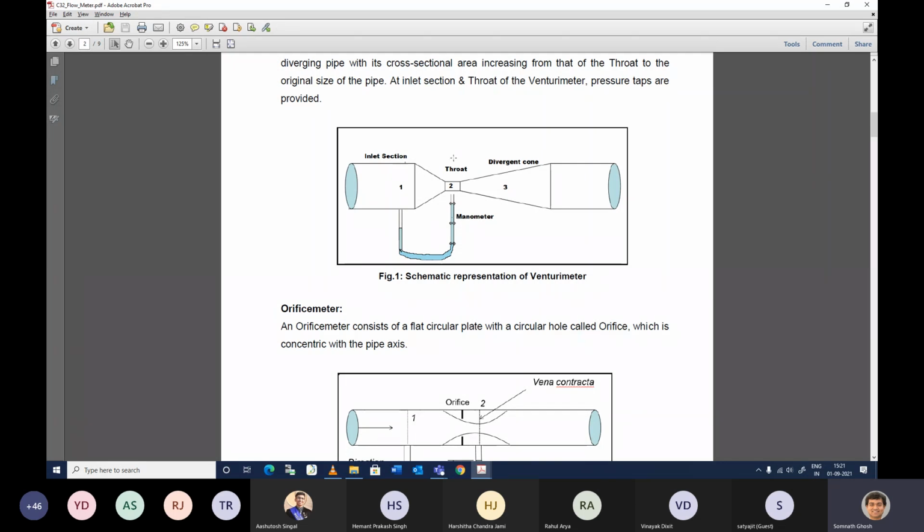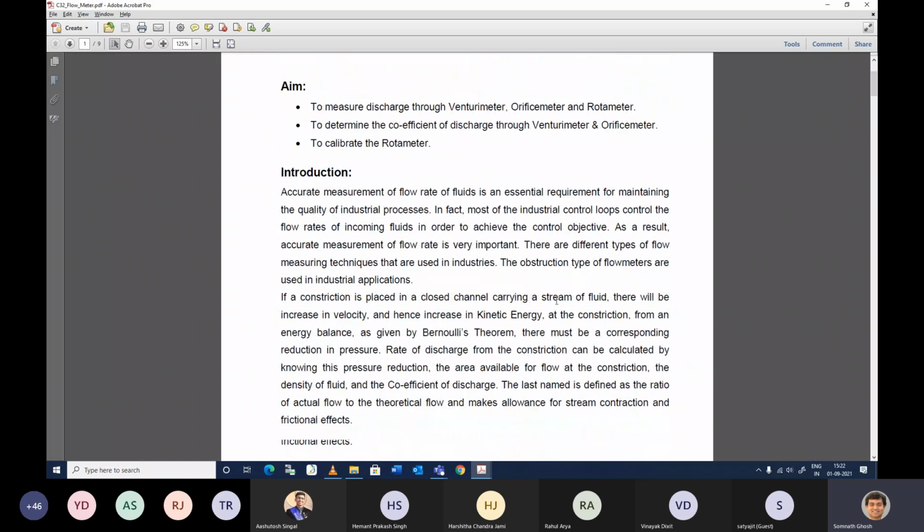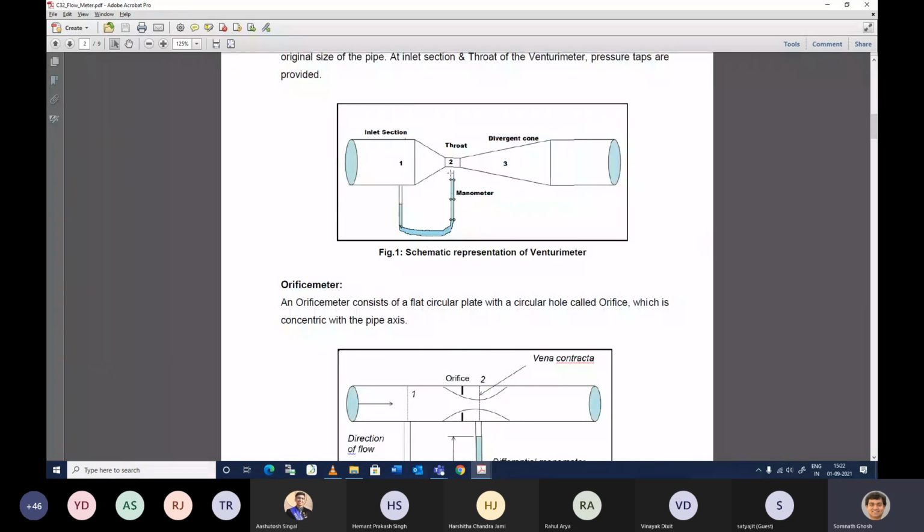Also, this diverging section needs to have a certain angle. I mean this angle, the angle of this line compared to this horizontal line, should be between 5 to 15 degrees. That's the optimum range people have experimentally observed.